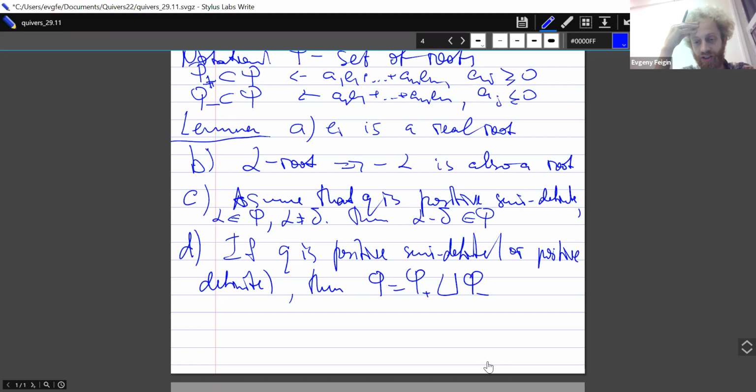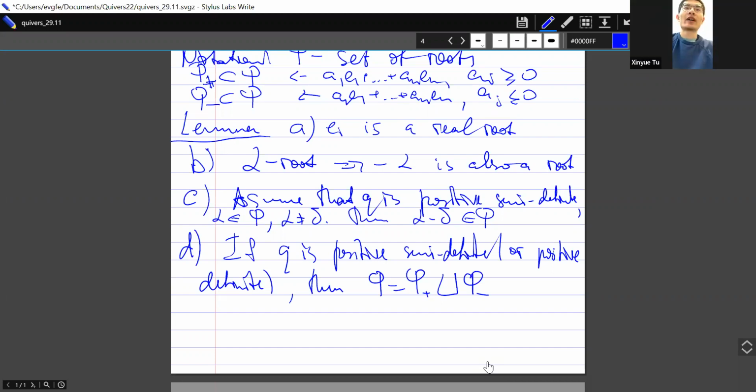So there's a kernel of the form, and this kernel is one-dimensional and is spanned by something, and this delta is this something. We work in case of Dynkin and the Euclidean quivers, so in type C, we assume that Q is positive semi-definite, and we've shown last time that this is the case where Q is Euclidean. Okay, yes, it's true. Thank you.